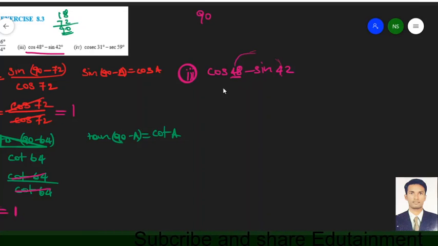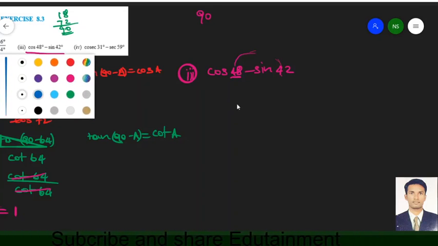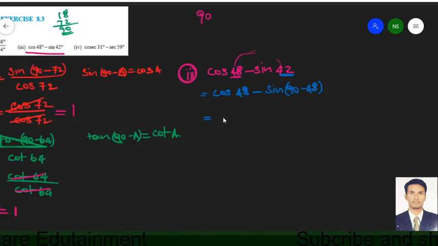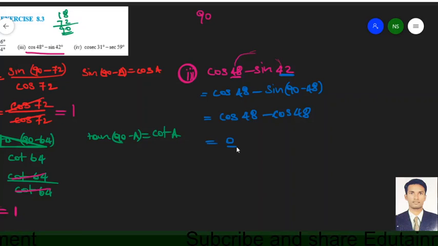Now I will change here this thing. Cos 48 as it is I will write, this sin 42 I will write as sin 90 minus 48. Why? Because 90 minus 48 is 42. So that I will get cos 48 minus cos 48, A minus A. So we will get here 0.